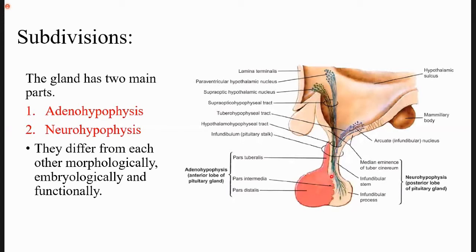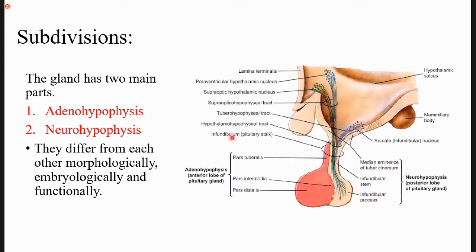The two parts are intimately connected together, but they have different origins. One is coming from below, that is the adenohypophysis, the anterior part, and the posterior part, which is the neurohypophysis, is the downward extension of the diencephalon, right?